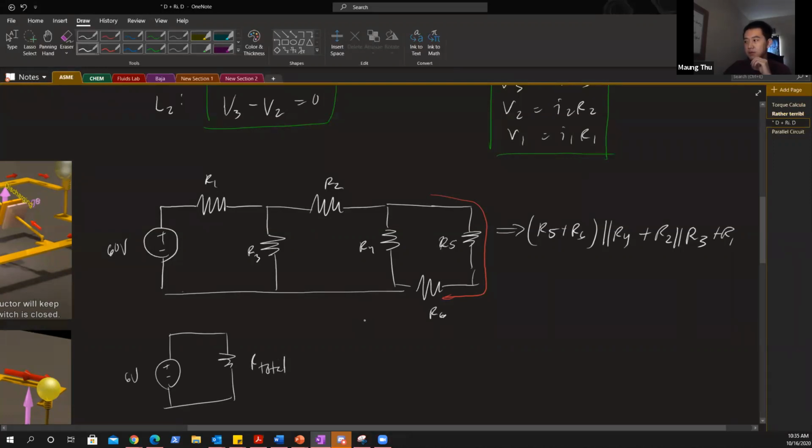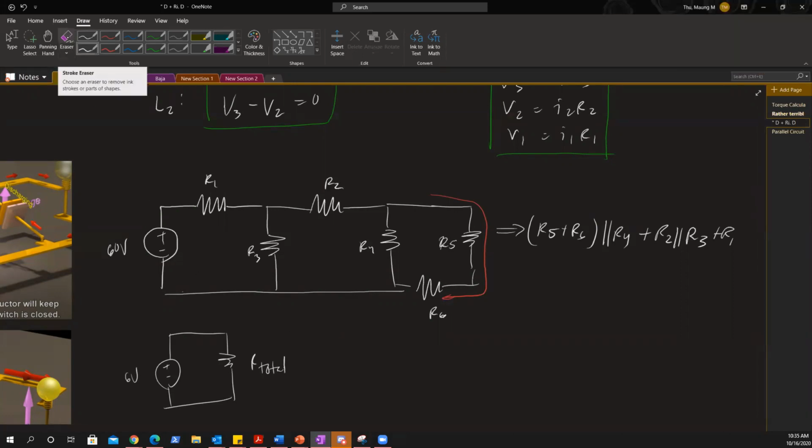Basically, I'm adding all of these resistors up into one little section, so that it's easier to understand how much voltage is going across all of these components. Does that make sense? Yes. Okay.